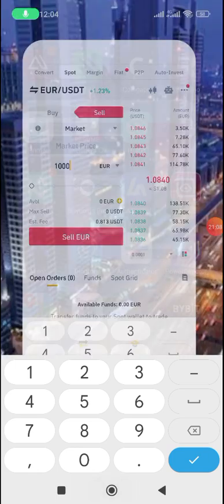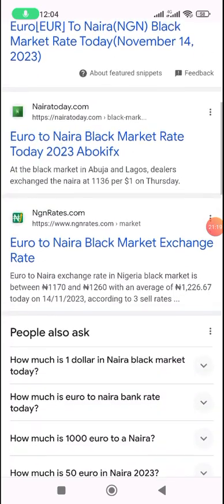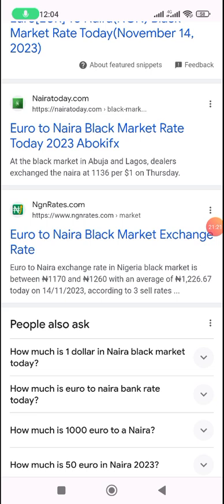Like I just told you, the black market price of euros today was like 45 Naira higher. Okay, look at it, 45 Naira higher. Some will say 70. So depending on whether you are doing up to $1,000 quantity.